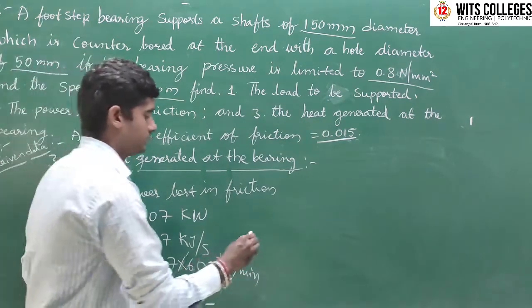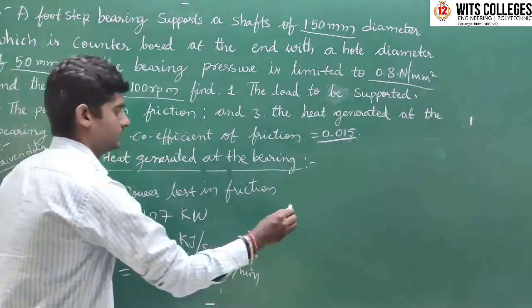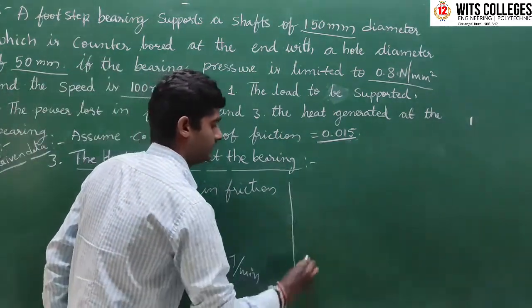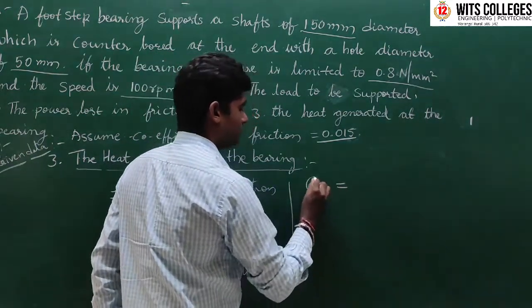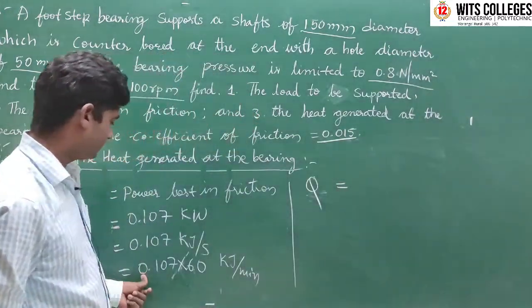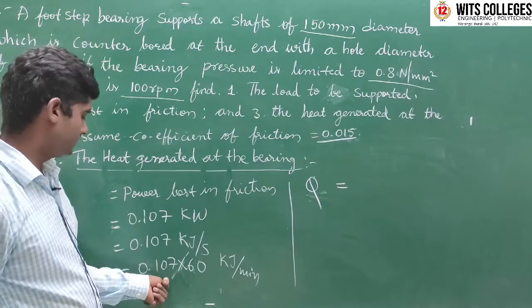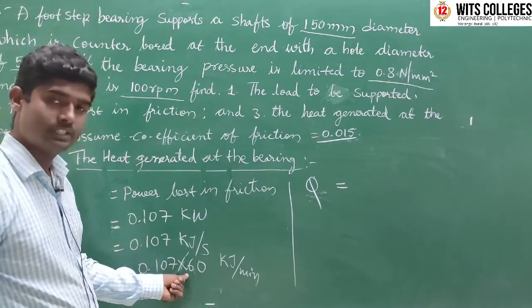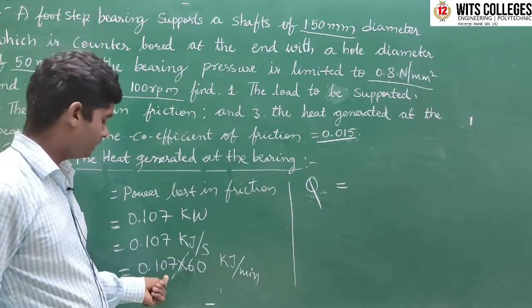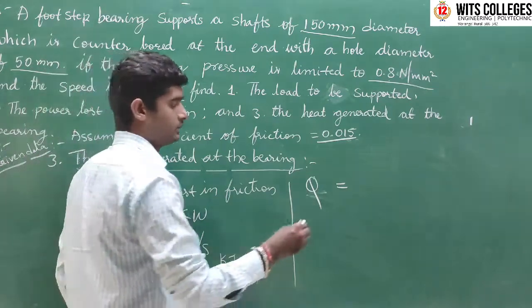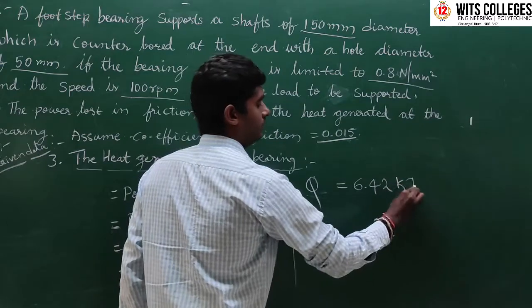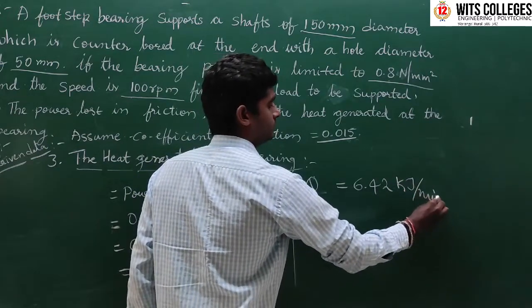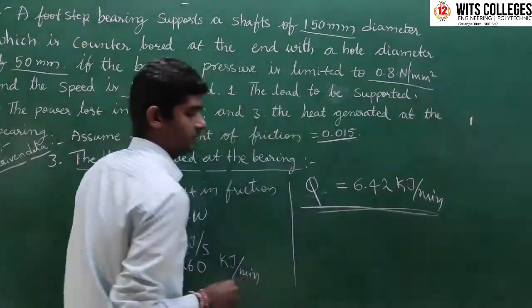Q is equal to the power lost in friction, 0.107 into 60, which is approximately 6.42 kilojoule per minute. This is the third answer.